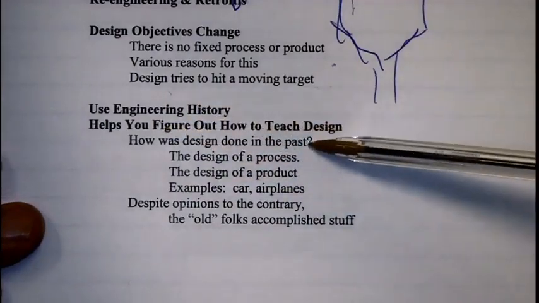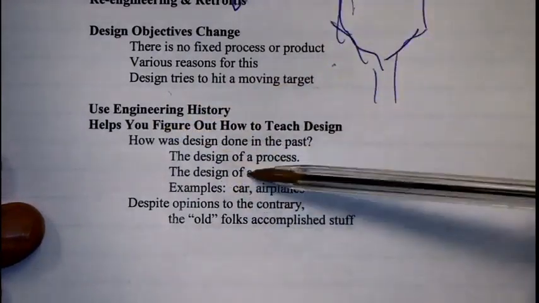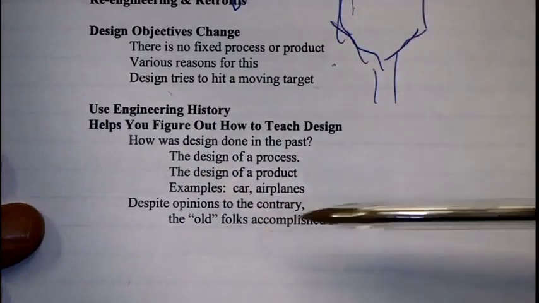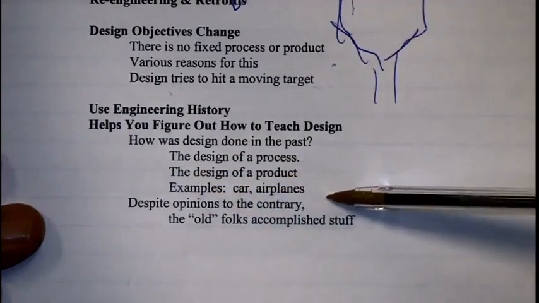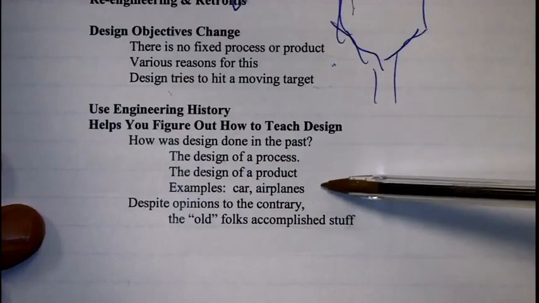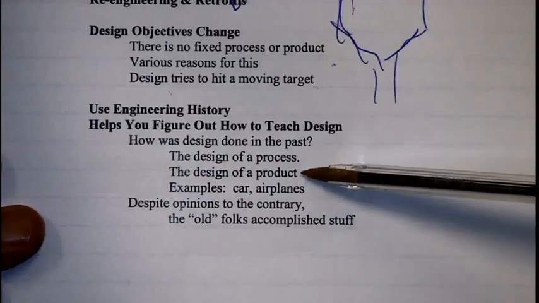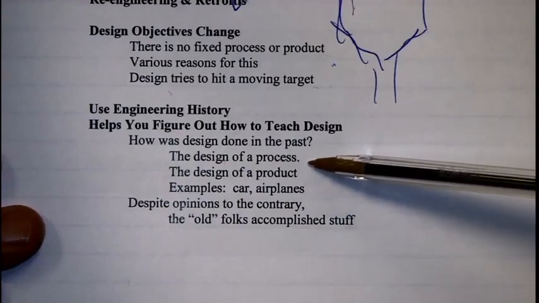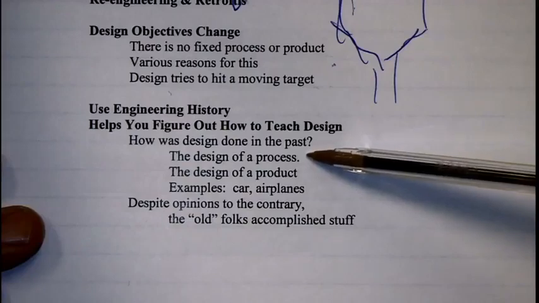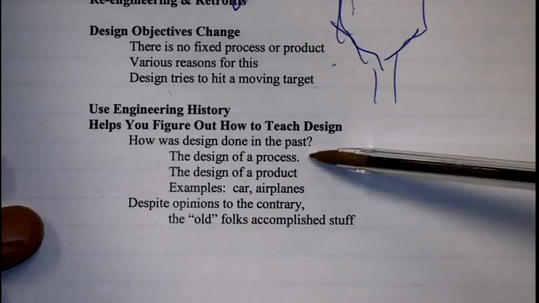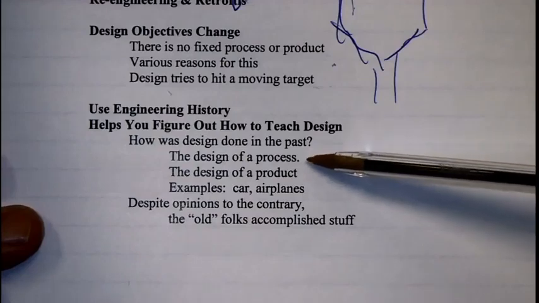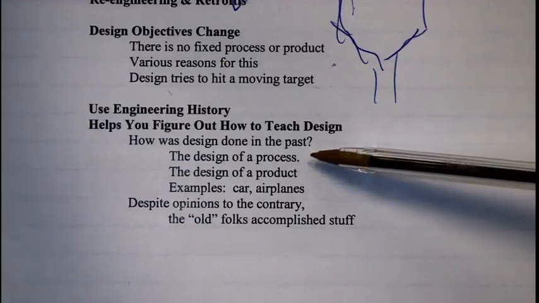How was design done in the past, and we have the car and the airplane as examples of that, or the TiO2 process, or the process to make gunpowder. Interestingly enough, the process to make gunpowder during the Revolutionary War, DuPont was making gunpowder for George Washington, and they had explosion after explosion after explosion.